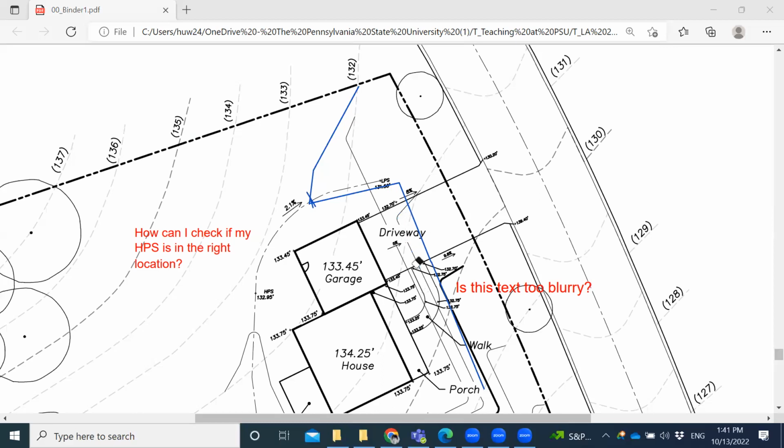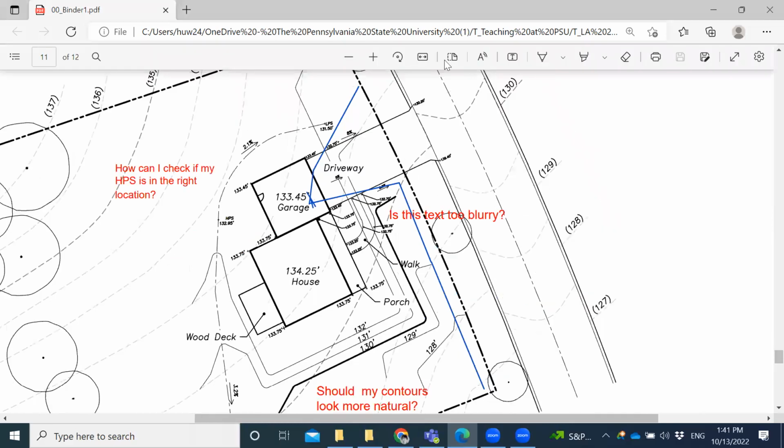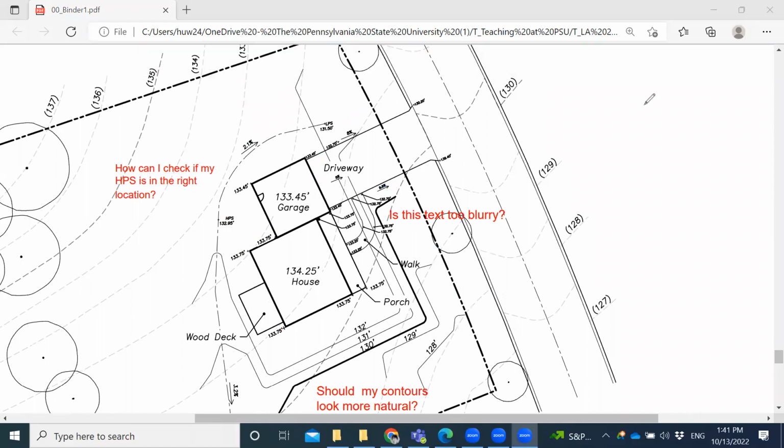So this line. Let me zoom out a little so that you can see the whole thing. So you have your HPS over here. You have your 32. 31. Your 32, it's missing a tick mark over here.